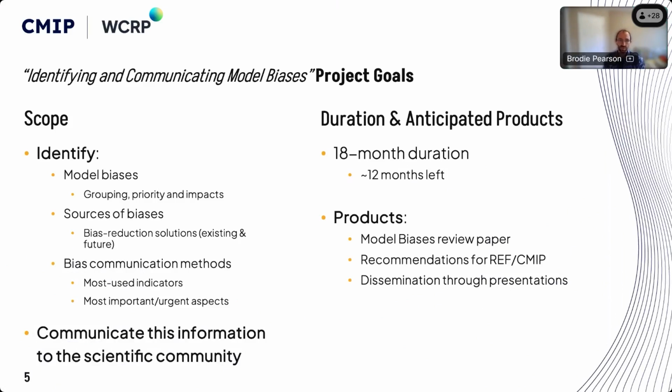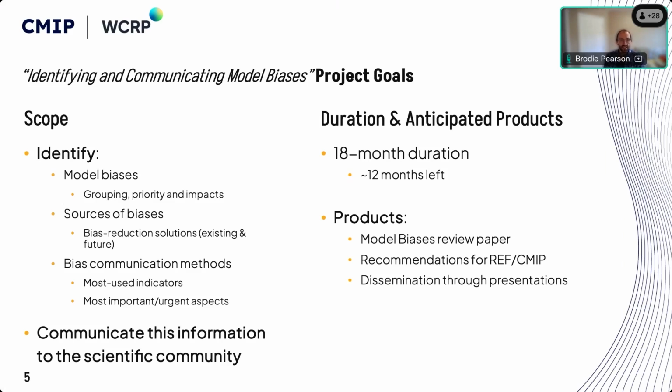We'll talk about grouping them into Earth system components and/or domains of the Earth system when I come to talk about the variables themselves. And then identifying what the impacts of those are. So that feeds into their priority status. But it's also important for people trying to understand how they might utilize data, where biases might be having the largest impact, if they're trying to look at something that's strongly impacted by certain biases, for example.